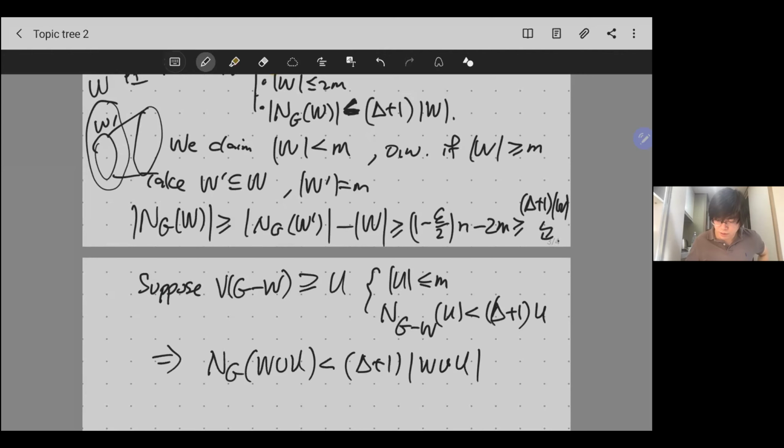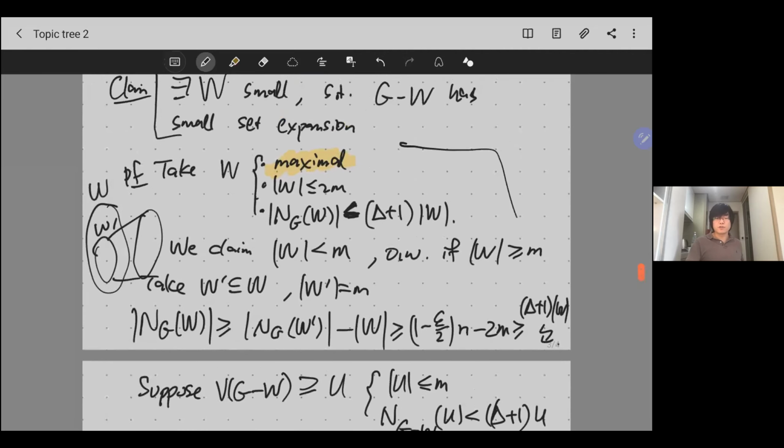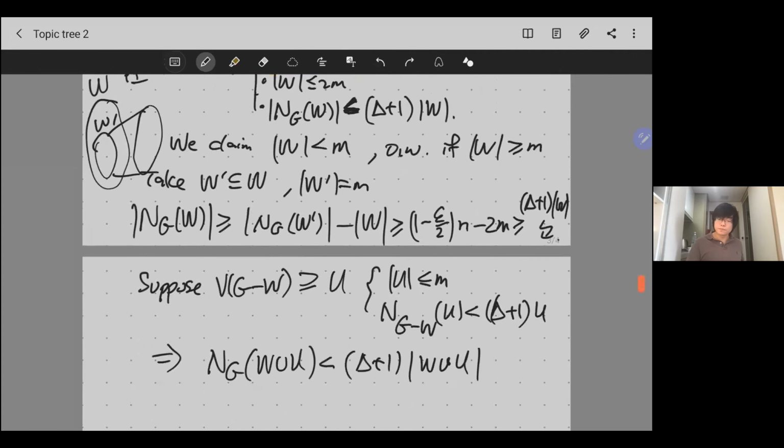Together they expand poorly. But then where's the contradiction? U is at most size m. We just proved that W is less than m. So together they're still less than 2m, satisfying this criterion here. So that means W was not the maximum choice, a contradiction. This is the bootstrapping that I was talking about last week.